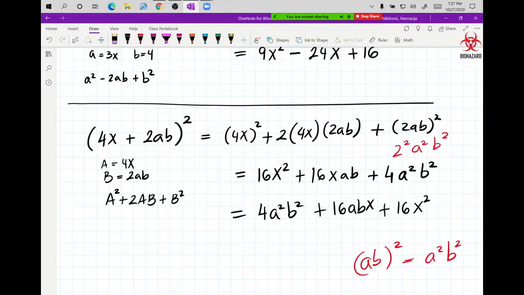Are we breaking this down again to get the 4a squared b squared? No, we're done. Once you calculate, you are done, except now, when you look at the amount of variables, you put them in descending order. The second line after the 16x squared, what is that?